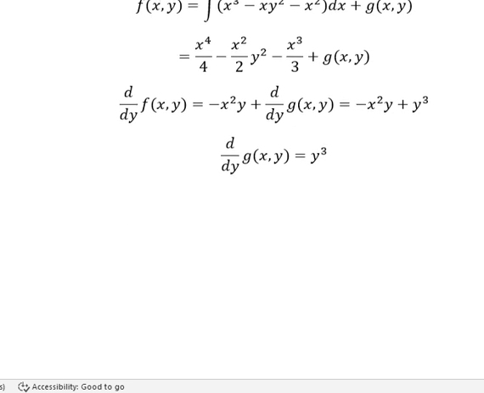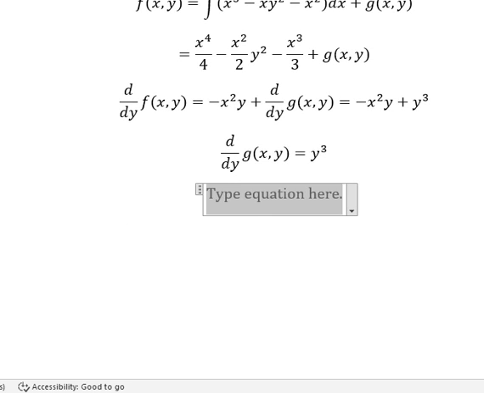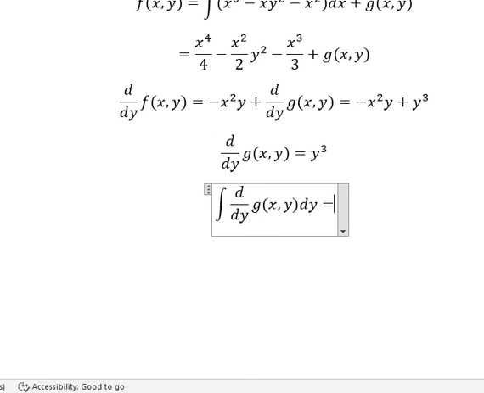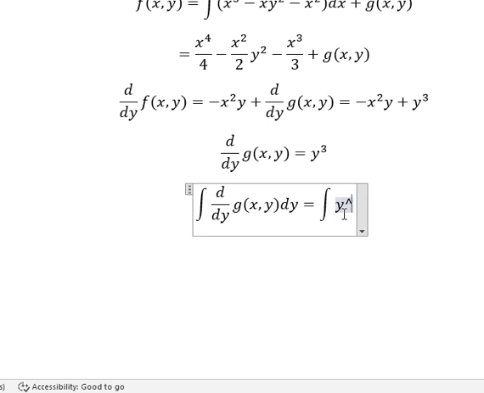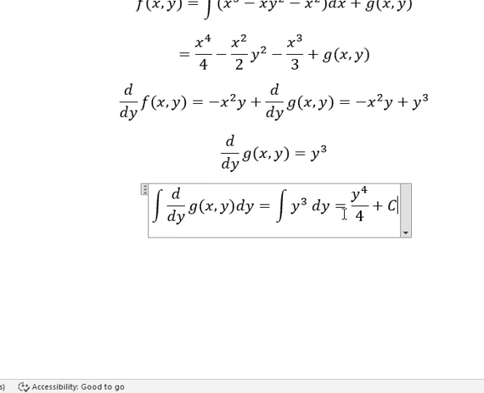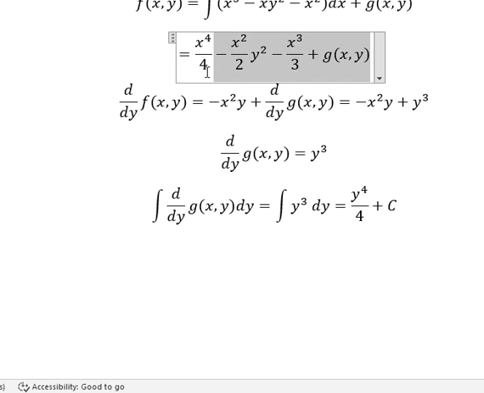Now we need to do integration for the both sides. And we have like this. Now we go back in here.